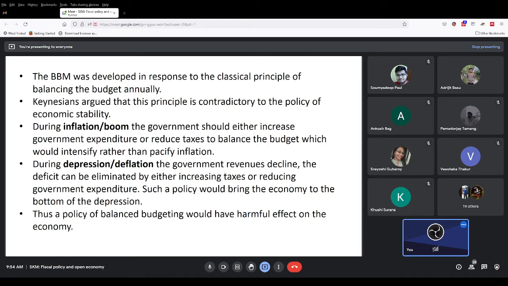Suppose there is inflation or boom in the economy. What is happening to Y, output? During boom periods, what happens to output? It increases.